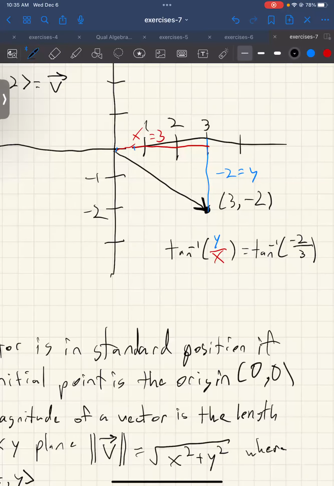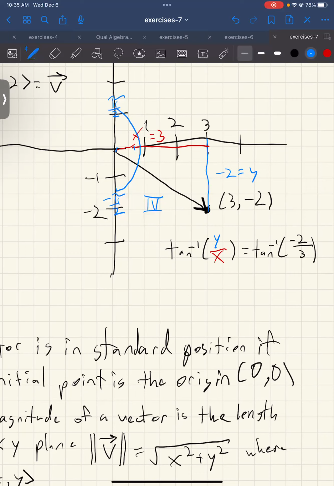Tangent inverse gives angles from -pi/2 to pi/2, like this. So it's only the right side of the unit circle, but even worse, it's not even from 0 to 2 pi, it's from -pi/2 to pi/2. So if we're in quadrant 4, then the angle inverse tangent gives us will be negative.